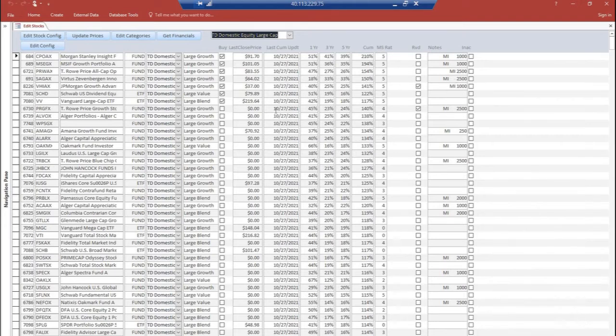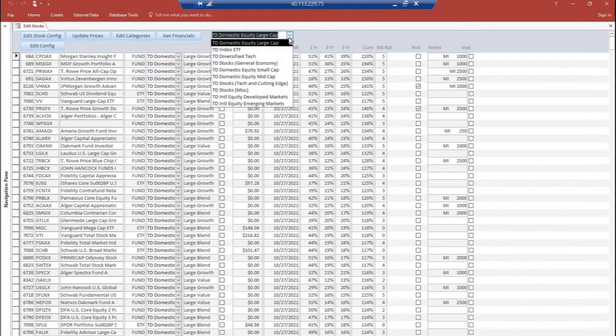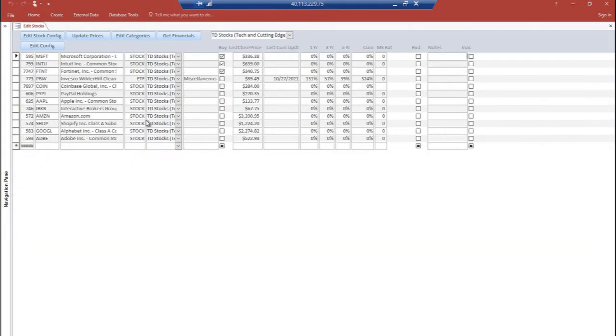If it's a fund that I don't like for a particular reason, I can inactivate it over here and it won't show up in my list anymore. You can see I also have some stocks in here. Here's my tech and cutting edge area. I'm carrying 3 stocks, Microsoft, Intuit, and Fortinet.